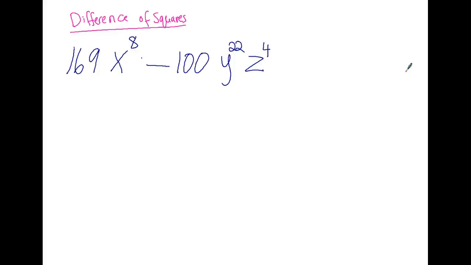Now, how do I know it's difference of squares? My powers are multiples of 2. That means all the powers are even numbers. I only have 2 terms minus each other.